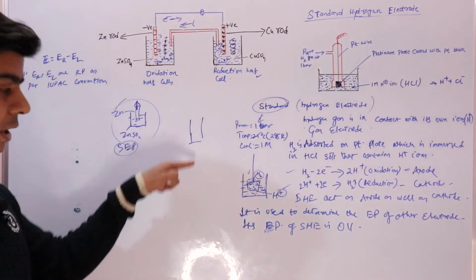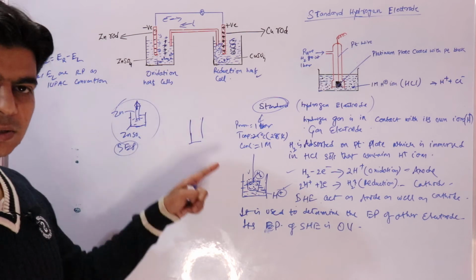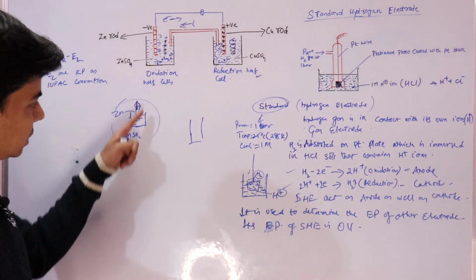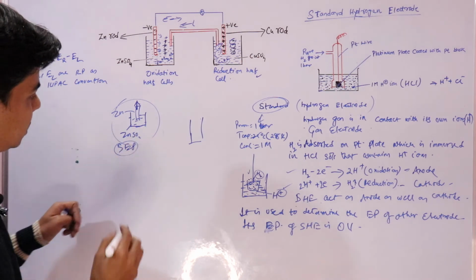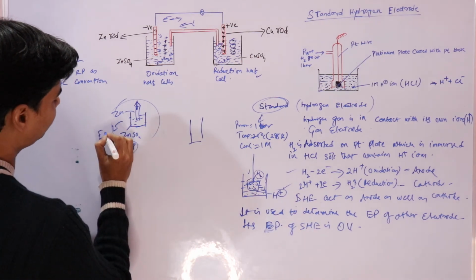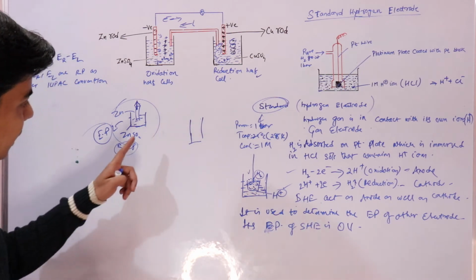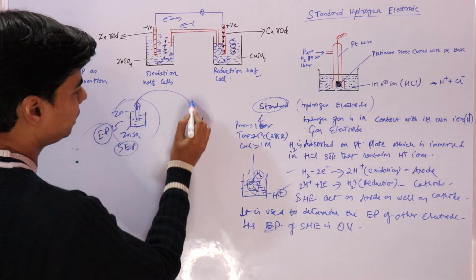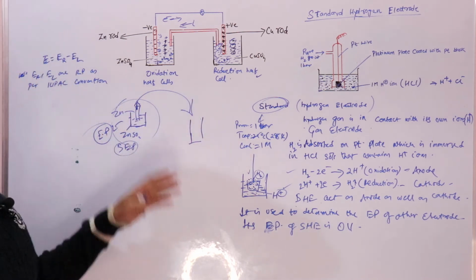We have to have the other half cell to complete the electrochemical cell, so that the electron lost by the electrode under investigation, for which we are trying to find the electrode potential, is gained by some other electrode. Otherwise it will not lose any electron.